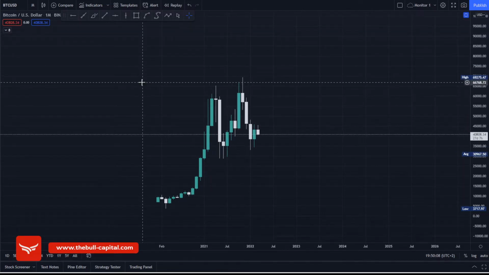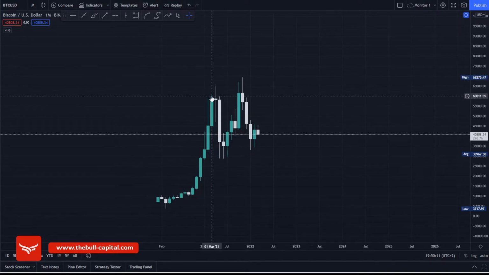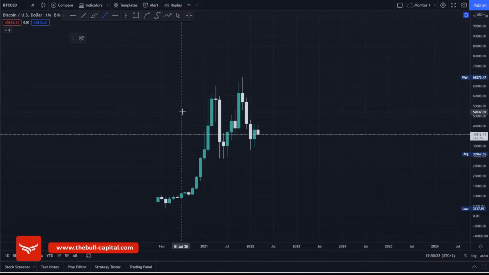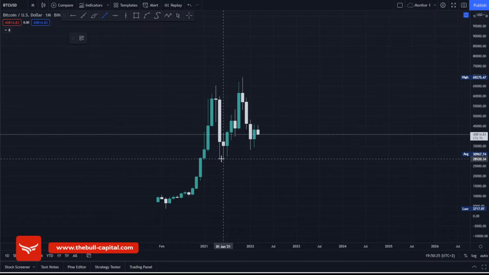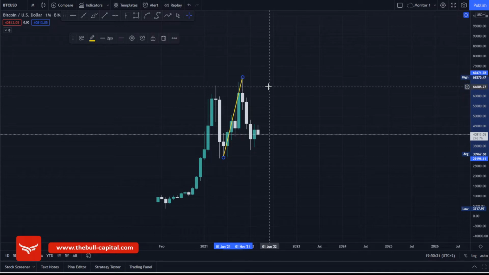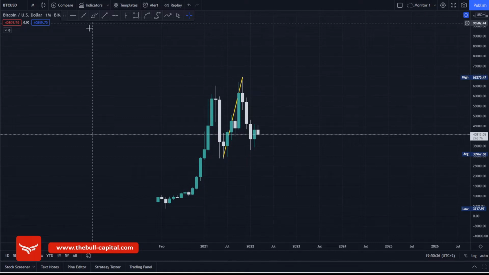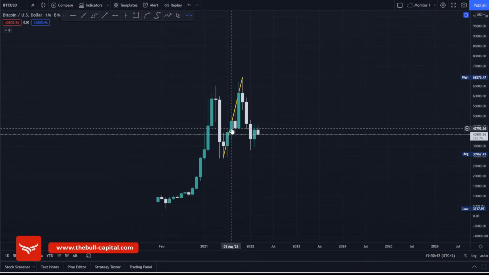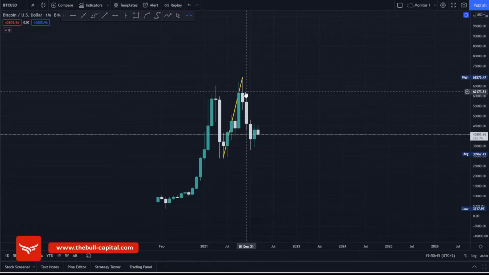Now about the swings. Swings on higher time frames like 1 month take more time to develop. If we take this lower price here and make a swing high, on a monthly time frame it takes 1, 2, 3, 4, 5, 6 months for this swing high.